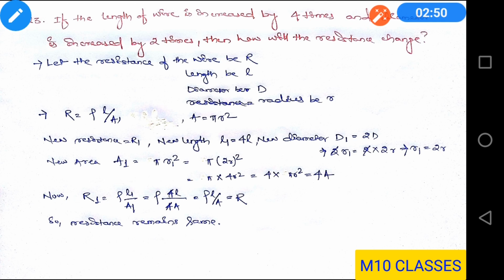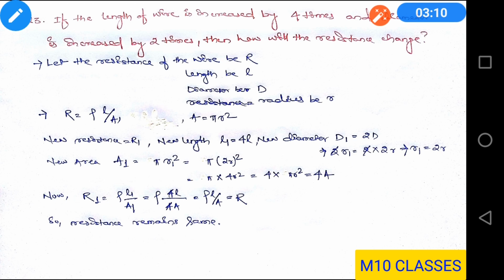Now let us discuss the next question. If the length of a wire is increased by 4 times and the diameter is increased by 2 times, how will the resistance change? First of all, previously there was a wire that had a particular resistance.